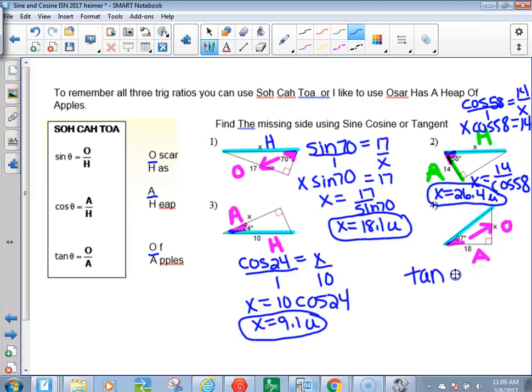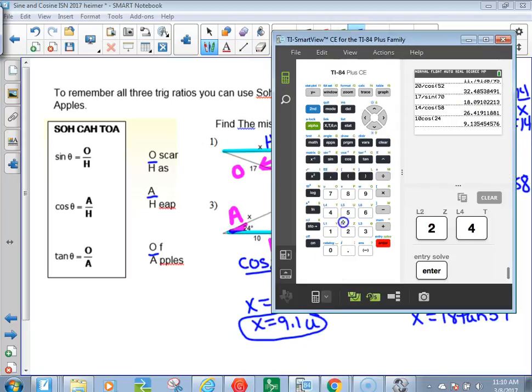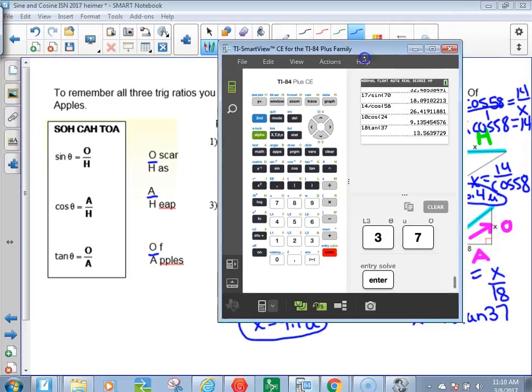Tangent of 37 equals X over 18. All right, we're going to calculate it as x is 18 times the tangent of 37. You can skip even typing that times. You can just hit 18 and then the tan button. All right, Nathan, 13.6 is correct.